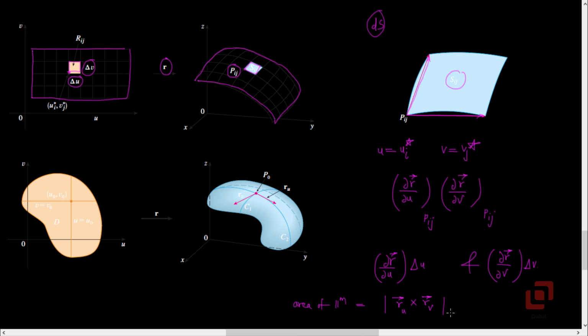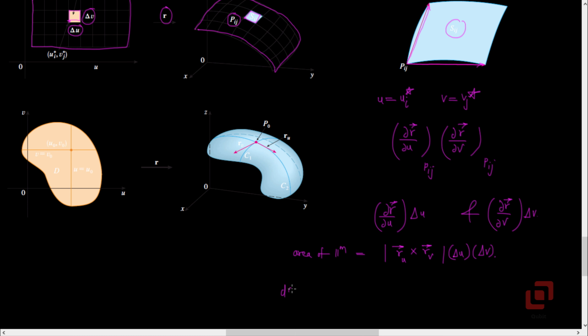We need to take its modulus, as in this case area is a scalar quantity, into the constants delta u and delta v. Note that we are still using an approximate representation of the curved surface area by the planar area of a parallelogram.